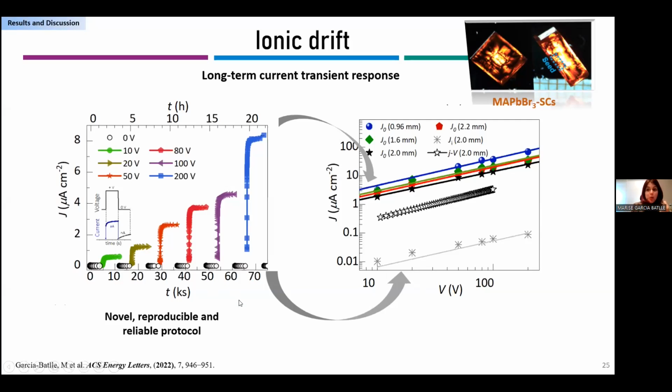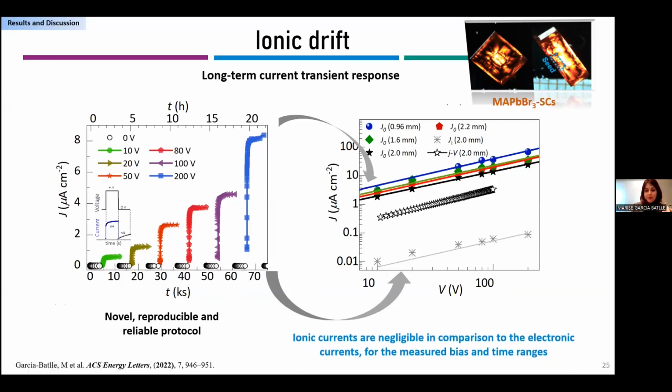And this is a new way to obtain some ionic parameters. As you can observe here, and this is a conclusion of this plot, these ionic currents are negligible in comparison to the electronic currents, as you can observe in terms of value. We have nanoamperes and we have microamperes here. So this is good.